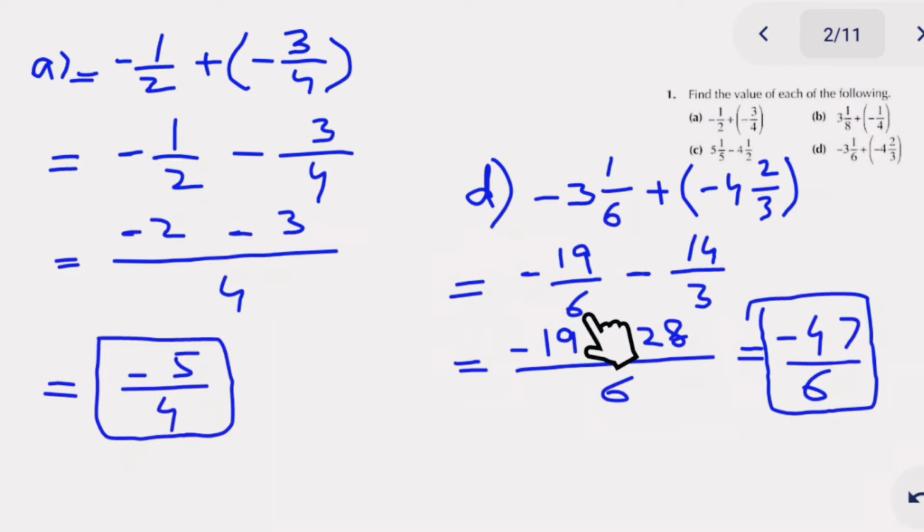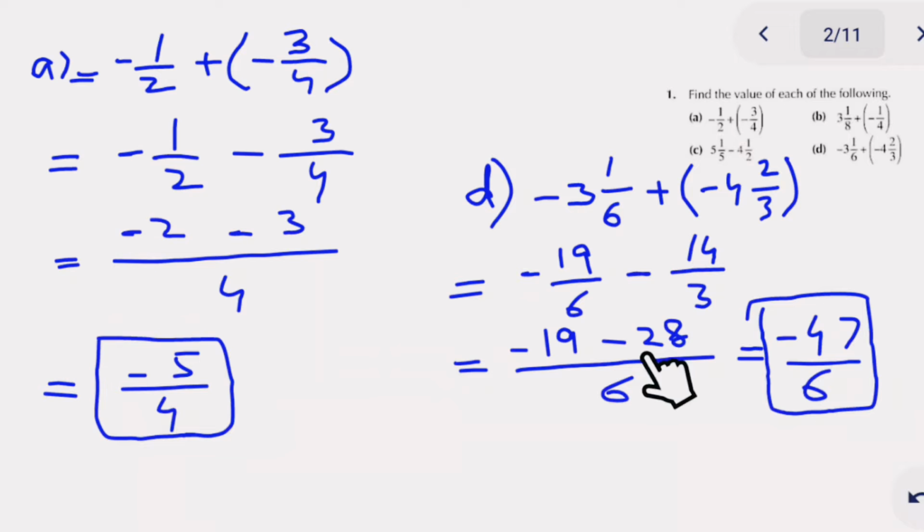Whenever the denominators are multiples of a number, then the bigger one is the LCM. So 6, and when we divide this 6 with this 6 we get 1, so minus 19. Or you can say when the LCM and the denominator of the fraction are the same, then we can write the number that is the numerator of that fraction.